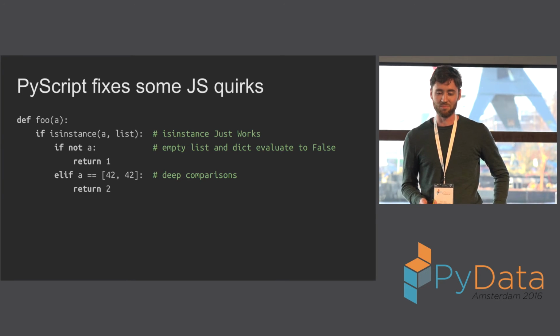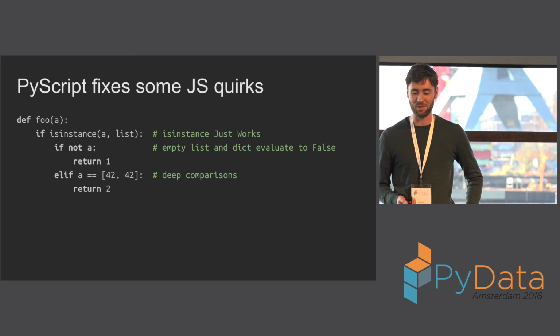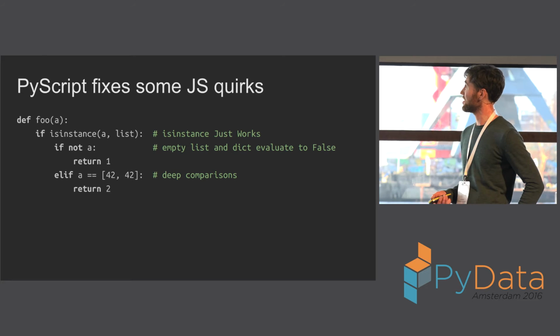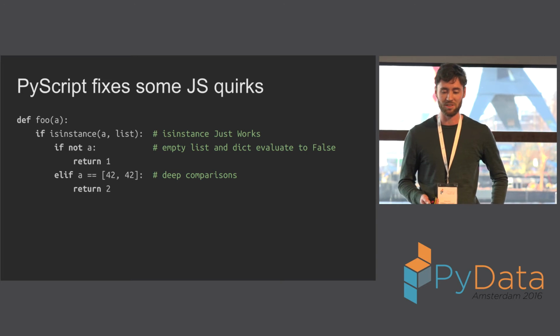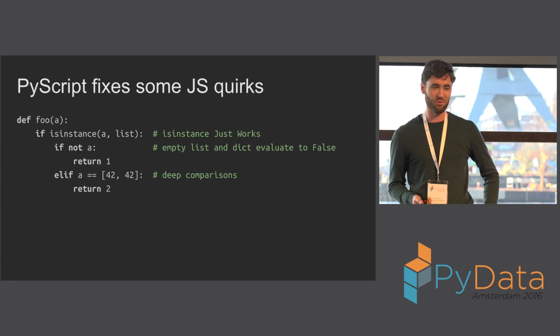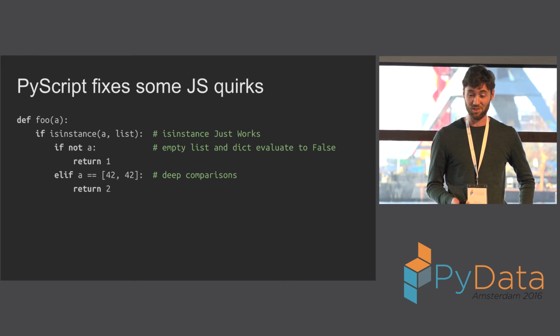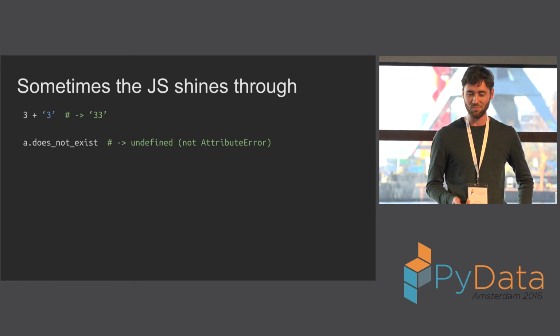Also, there are some JavaScript quirks. So especially if you know JavaScript, you know that there are some issues, and these are fixed in PyScript. For instance, isinstance just works as you expect it to. Empty lists and dictionaries evaluate to false, and you can do deep comparisons. So these are things that are not the case if you just use JavaScript.